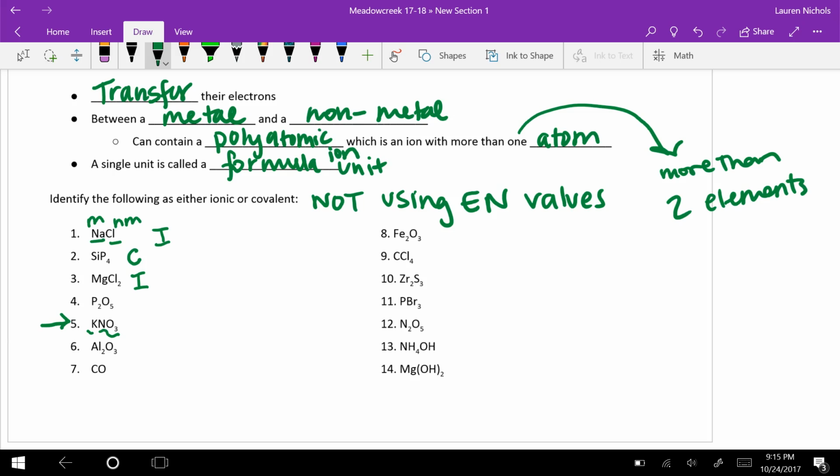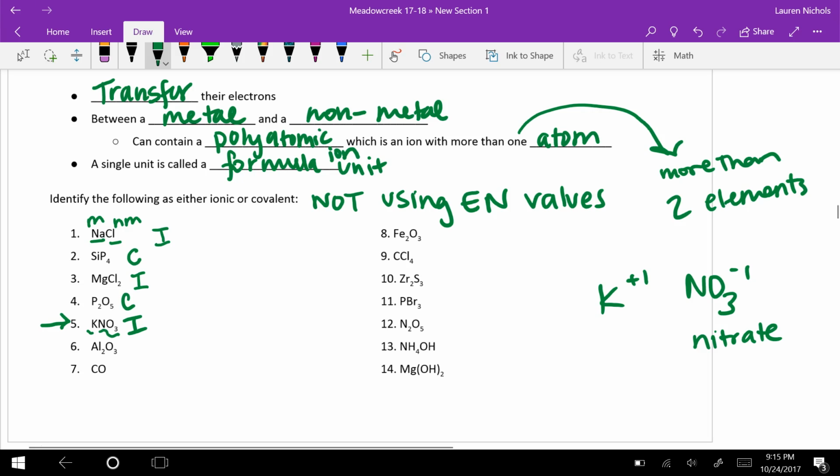That multiple oxygen situation there is a dead giveaway that it's going to be a polyatomic. If you look on the back, you'll see that NO3 is an ion with a -1 charge, and it's called nitrate. And we know that potassium is a metal that can form a +1 charge, and so this would be an ionic compound. And so that is kind of how you do those, but we'll go back.